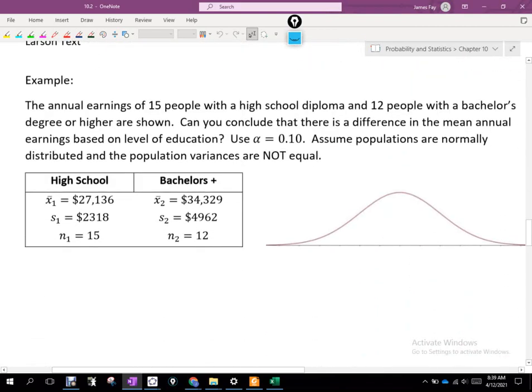So it says the annual earnings of 15 people with a high school diploma and 12 people with a bachelor's degree or higher are shown. It says, can you conclude that there is a difference in the mean annual earnings based on the level of education? Use alpha equal to 0.10. Assume populations are normally distributed and the population variances are not equal. So let's go ahead and write down our hypotheses.